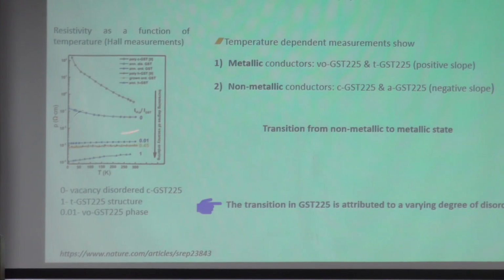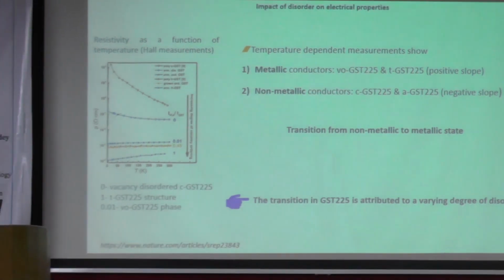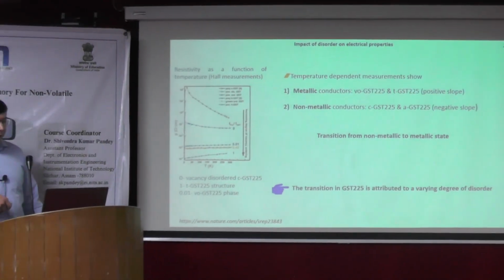The other two crystalline phases, the vacancy ordered and trigonal phases, showed a positive slope, so they are metallic conductors. So this transition from non-metallic to metallic behavior is driven by the ordering of the structural defects in the structure, in particular the vacancies present in this phase.